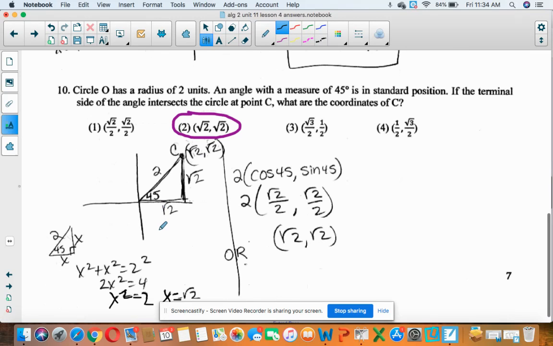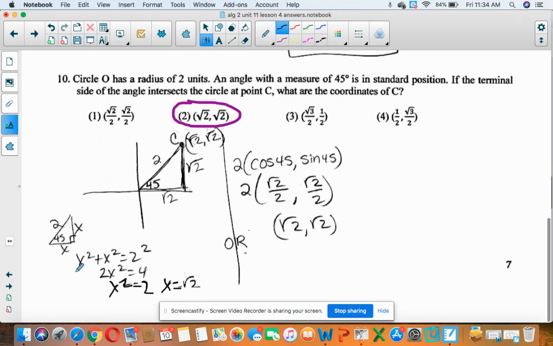So basically, I have this right triangle right here, and I know that the hypotenuse is 2 because they told me it had a radius of 2. These sides are both the same, x and x, because the angle's 45. So this is a 45, 45, 90 triangle. So I did x squared plus x squared equals 2 squared. x squared plus x squared is 2x squared equals 4.